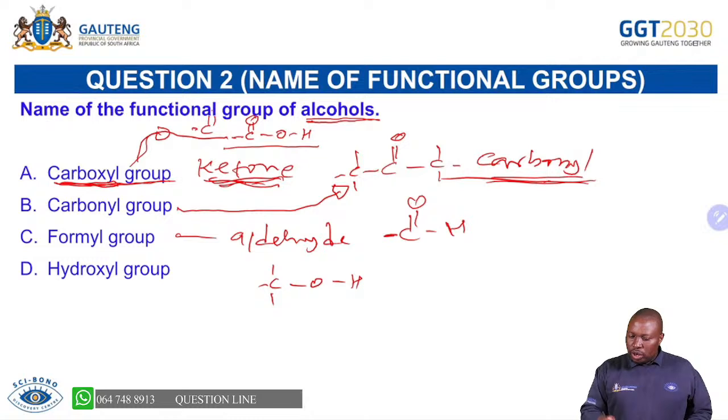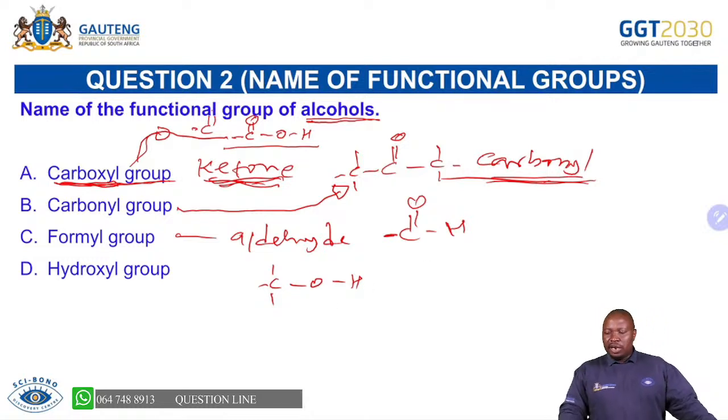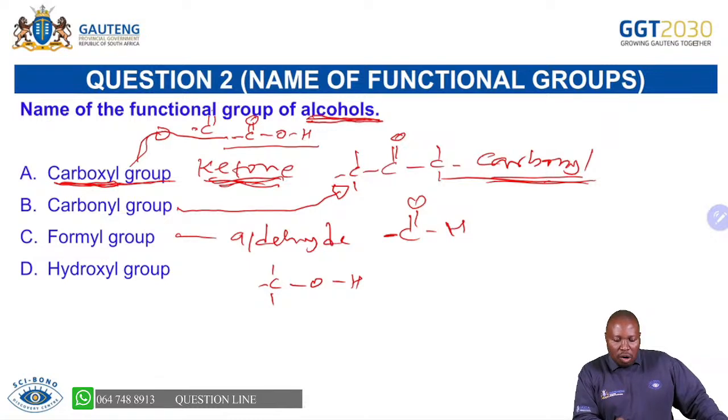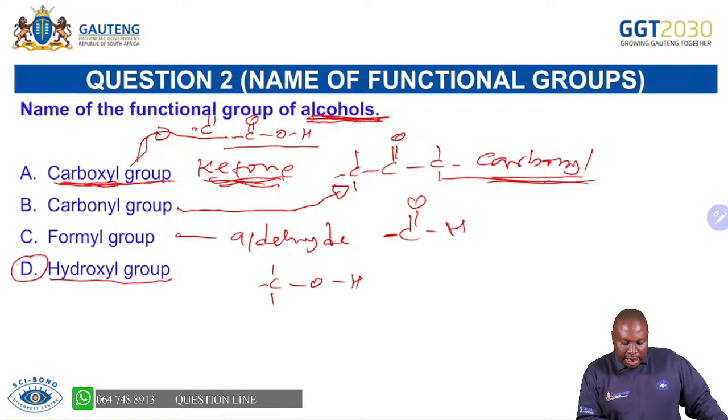You know how to draw the structural formulas of those functional groups, and when you get this question, you are able to answer it with no problem. I hope that helped you. And in terms of this question, we wanted the one for alcohols, and for alcohols it was hydroxyl group, which was number D. That becomes your answer now.